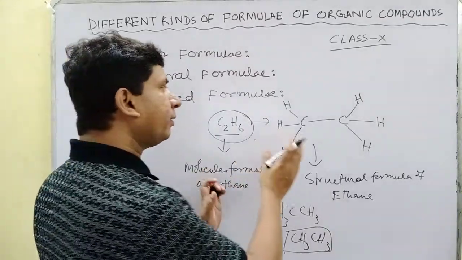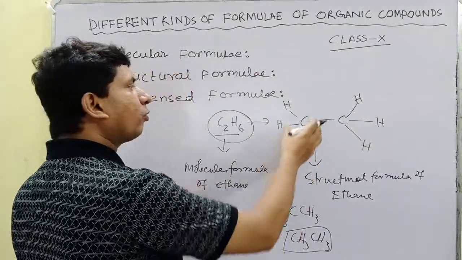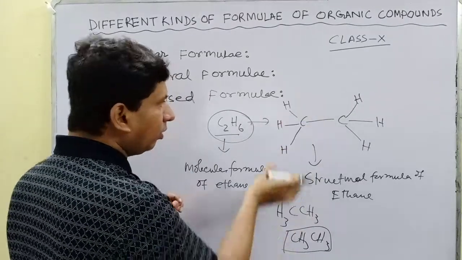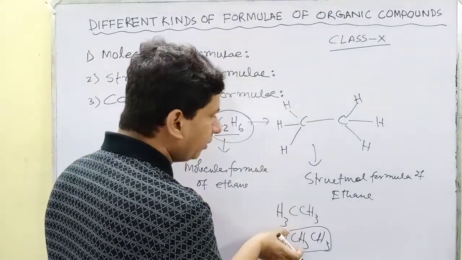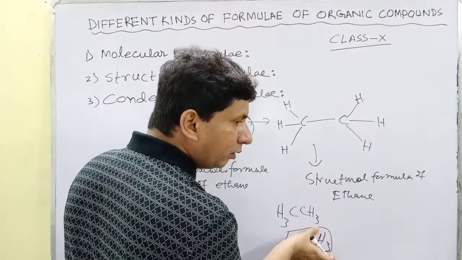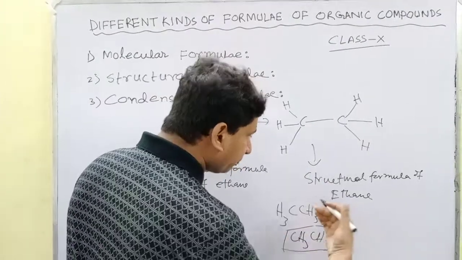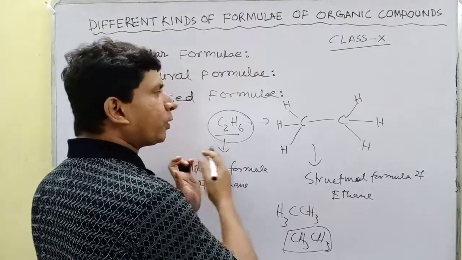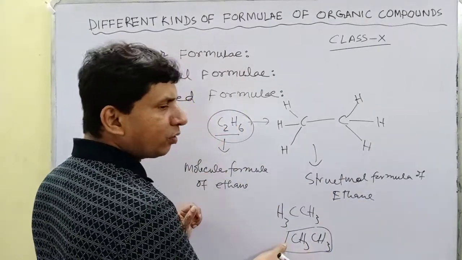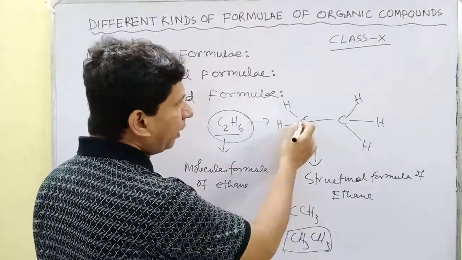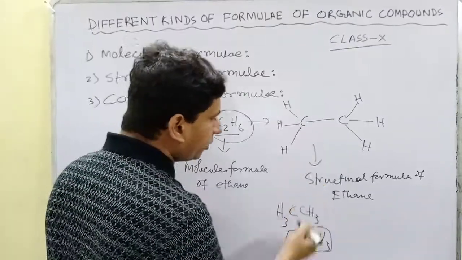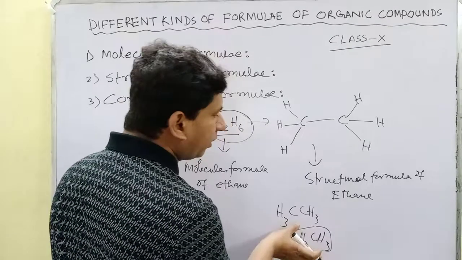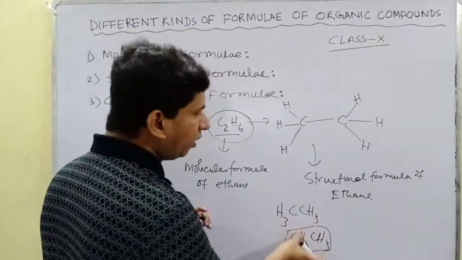At first we write the structural formula, then from left to right we condense the molecule. This carbon contains 3 hydrogens, and this carbon contains 3 hydrogens. So we can write the condensed formula from the structural formula.